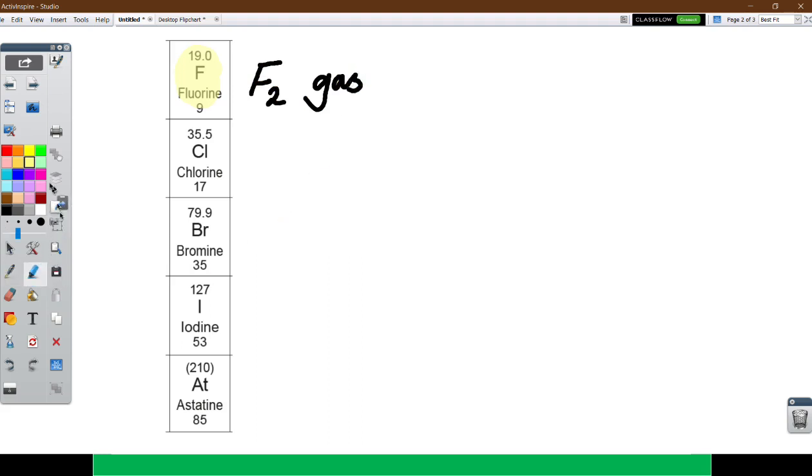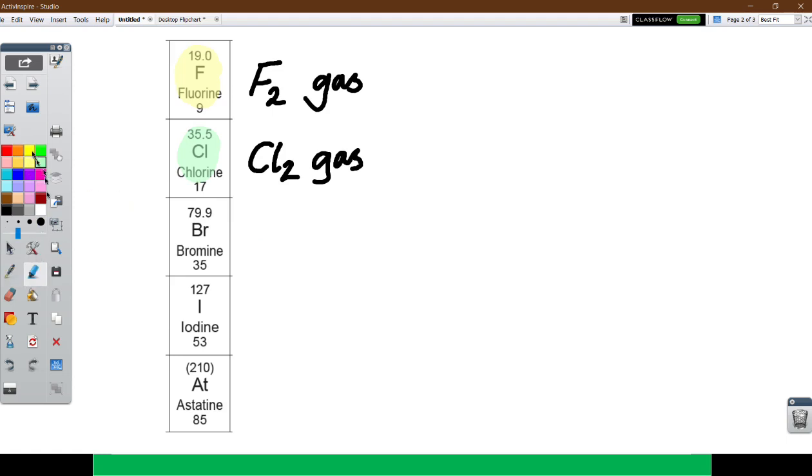If we move down to chlorine, again we see coloration. This time however it's a pale green colour, and again chlorine is a diatomic molecule, two chlorine atoms bonded together, covalent bond, and again it's a gas at room temperature.